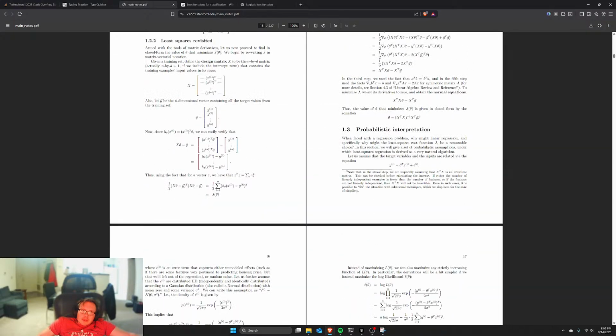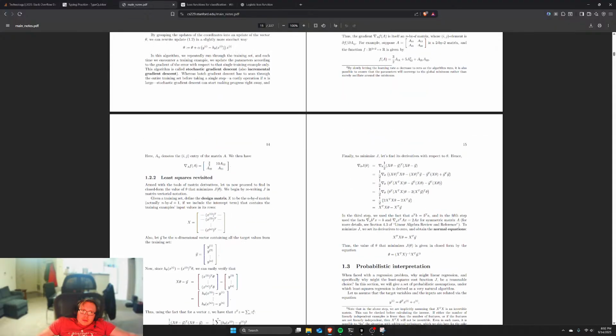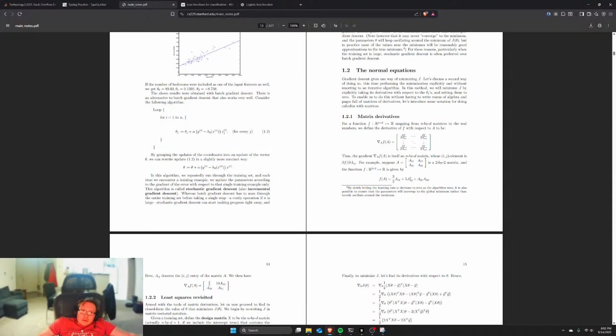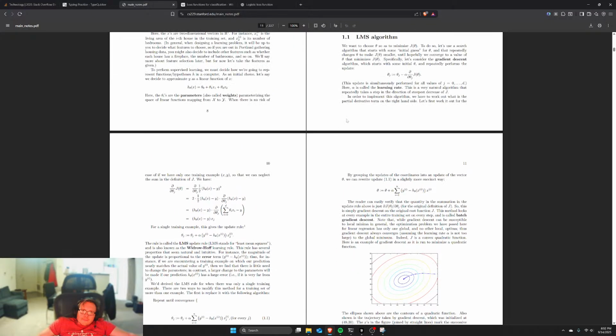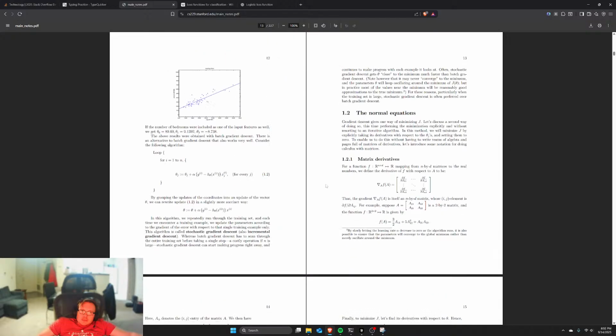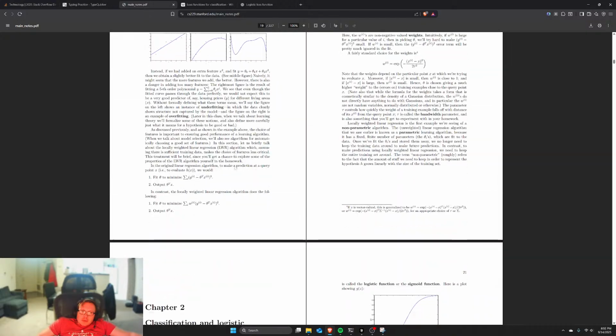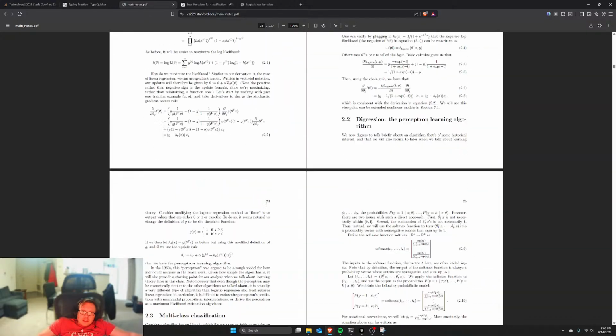Yeah, because this one is, this is like the derivative right there, right? Yeah. Oh, minimize it. Well, it does make sense at a high level. Yeah. So we want to minimize it. The loss function here.